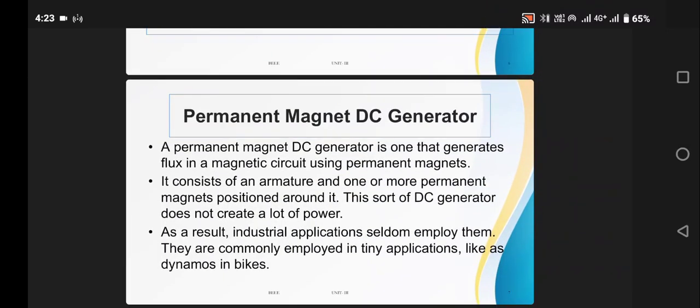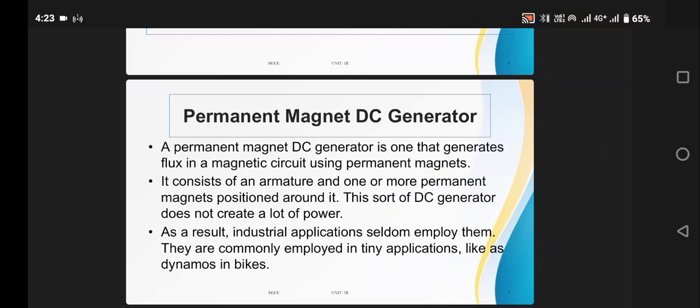Then we will see the permanent magnet DC generator in detail. This type of generator generates the flux in the magnetic circuit using permanent magnets. It consists of an armature and one or more permanent magnets positioned around it.